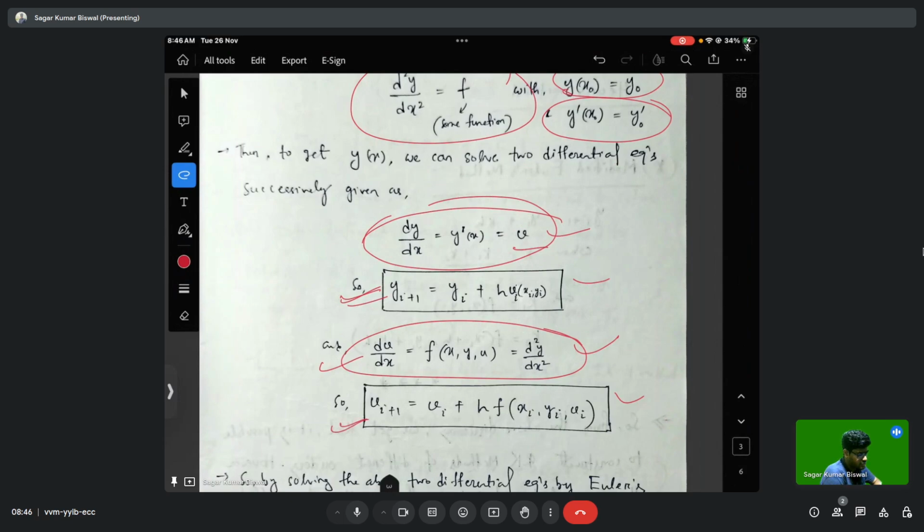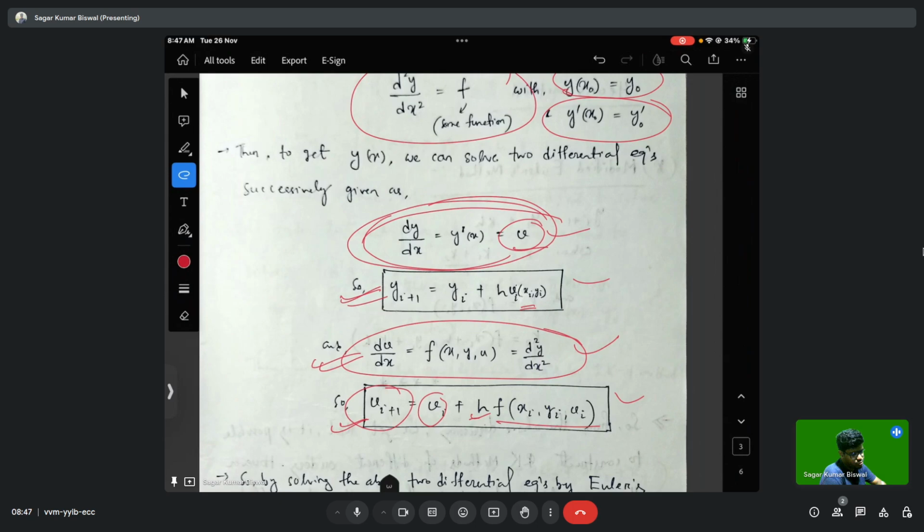The exact same formula, where for this differential equation u is your new variable, right? So this will be yi plus 1 equal to yi plus h into f(xi, yi), and for this du/dx, it will be ui plus 1 equal to ui plus h, the step size is also there, into f(xi, yi, ui), right?